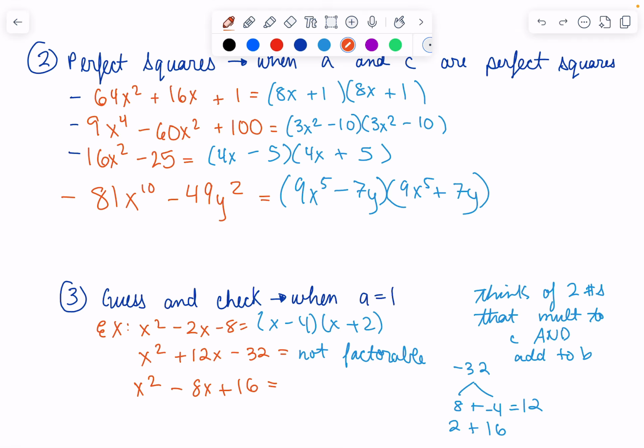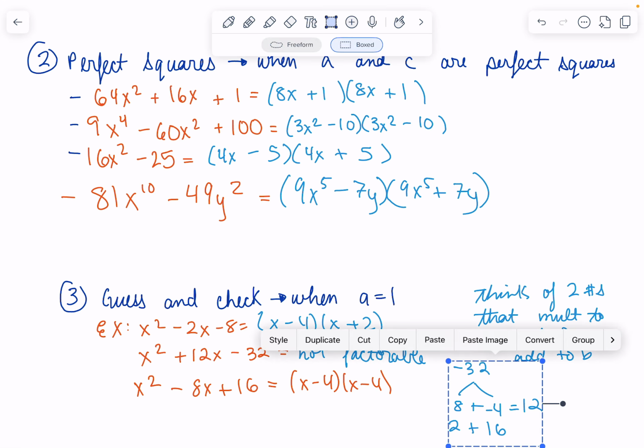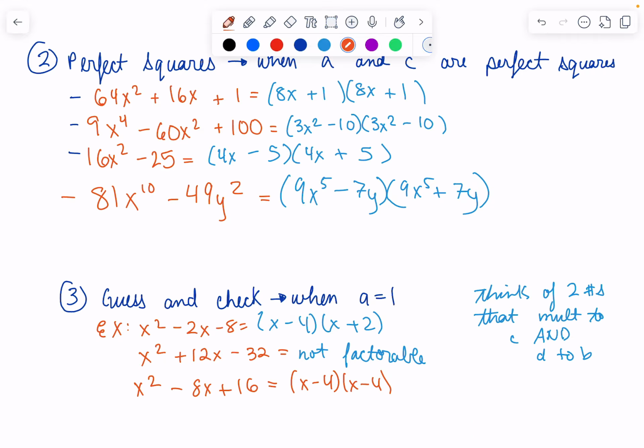But if not, take a second and think of two numbers that multiply to 16 but add to negative 8. Okay, those values would be negative 4 and negative 4. So this is actually a perfect square trinomial. Perfect square trinomial means that we could write it also like this. And if you notice, this is actually also factorable using the perfect squares method.